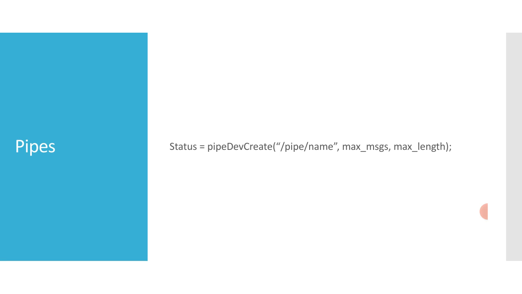The call specifies the name of the created pipe, the maximum number of messages that can be queued to it, and the maximum length of each message. So here you can see status equals pipeDevCreate("/pipe/name", max messages, max length). The created pipe is normally a named I/O device.